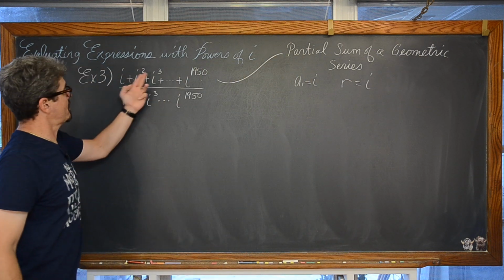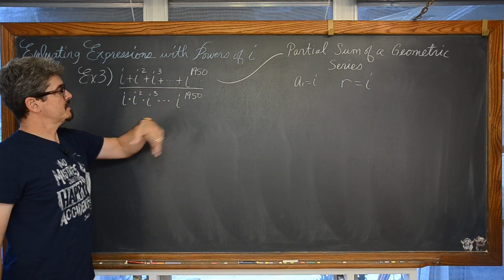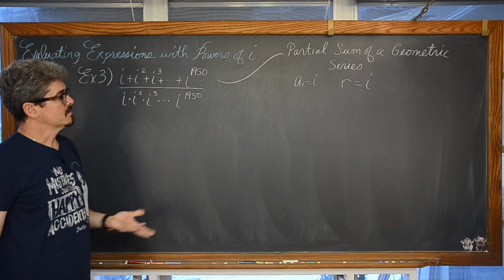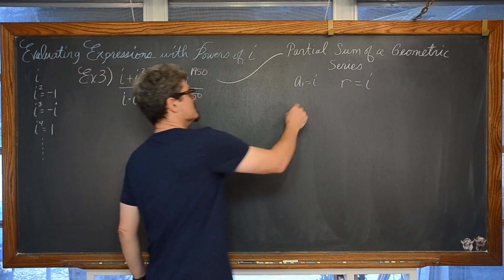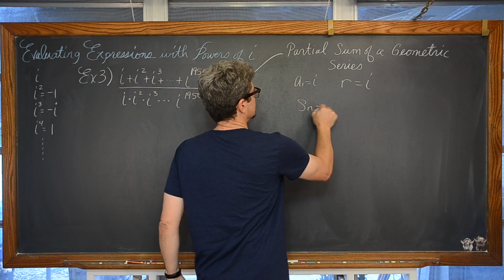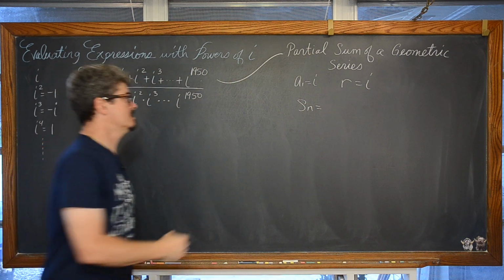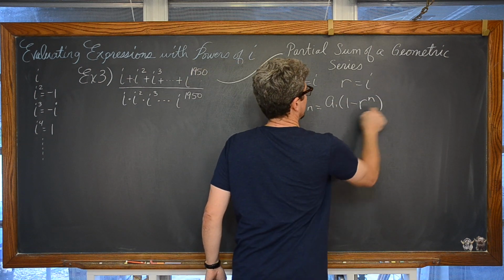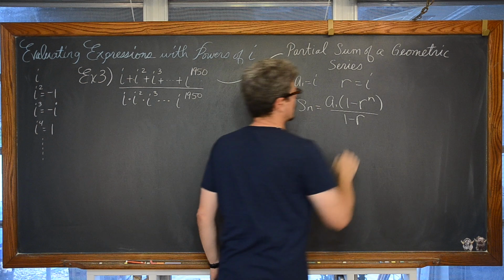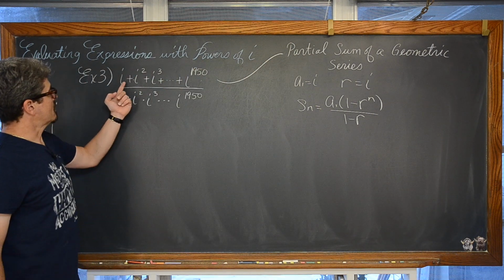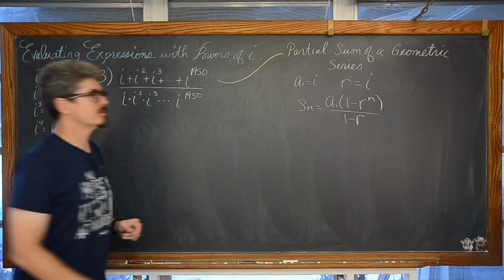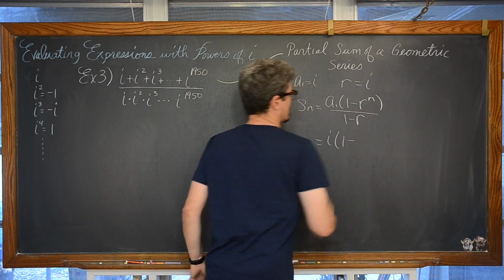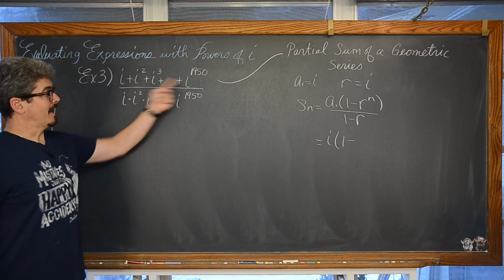You're multiplying by i to get every new term in this series of additions. So we can remember that the partial sum of a geometric series is a sub 1 times 1 minus r to the n power over 1 minus r. Well, our first term here is equal to i. We are constantly multiplying by i.